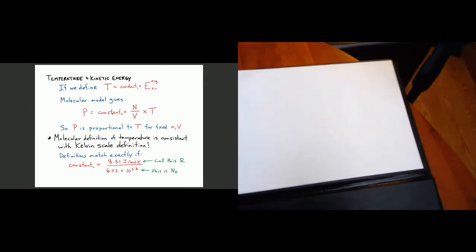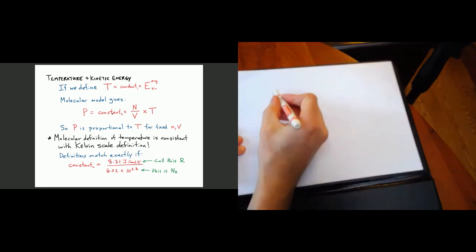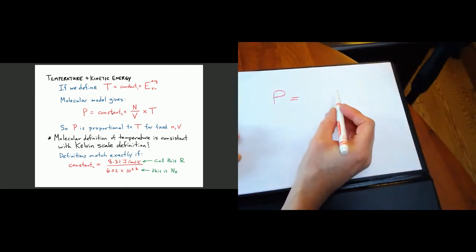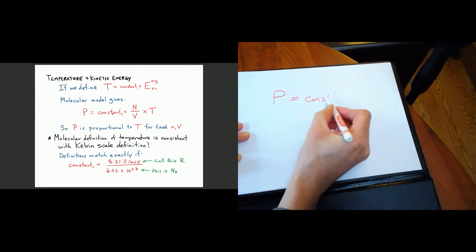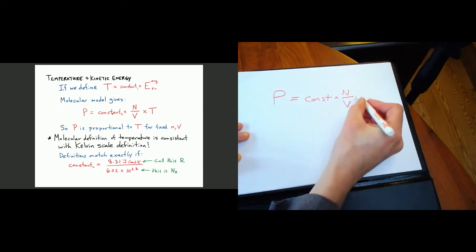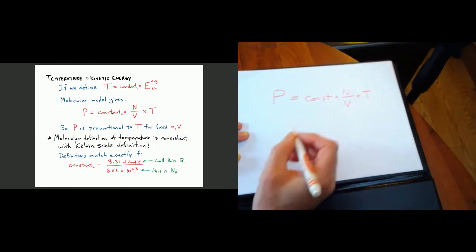Let me show you then that the final output of all of that is that we have derived the ideal gas law. Okay, so far we said that based on the molecular model and based on our molecular definition of temperature, we learned that P is equal to some constant times the number of molecules divided by the volume times the temperature.